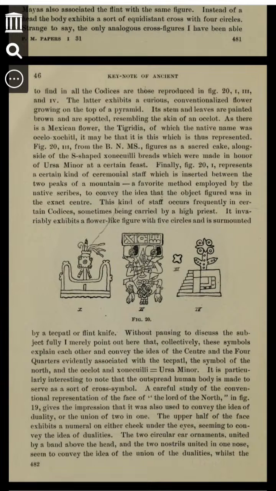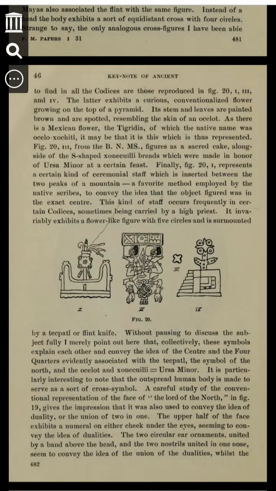The object was figured in the exact center. This kind of staff occurs frequently in certain codices, sometimes being carried by a high priest. It invariably exhibits a flower-like figure with 5 circles and is surmounted by a tek pot or flint knife, right?